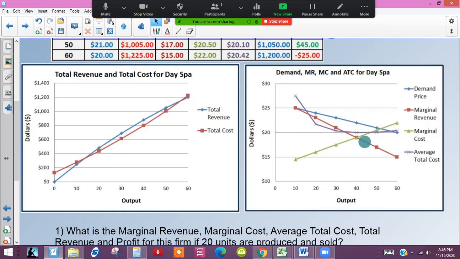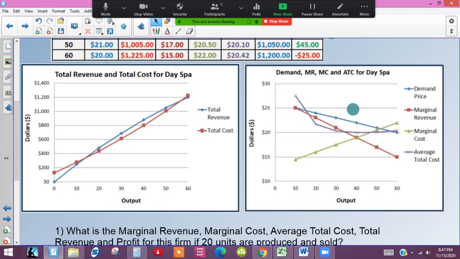So their output would drop, their price would fall to a point where every firm in this market was making zero economic profit. In other words, price would equal average total cost, and that is what we call long run equilibrium, where every firm in the market would be making a zero economic profit.